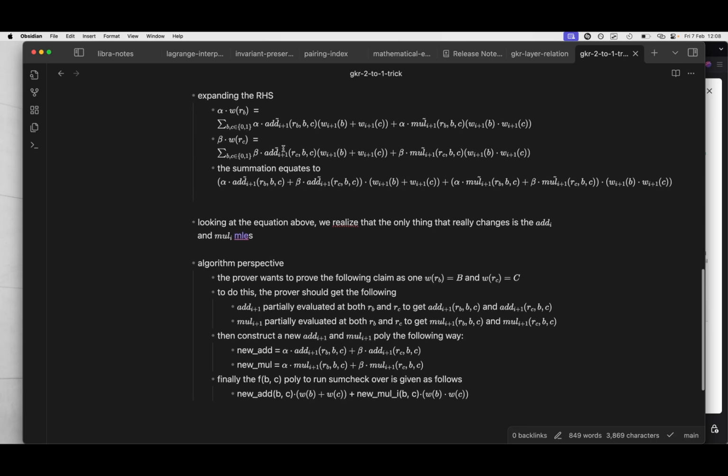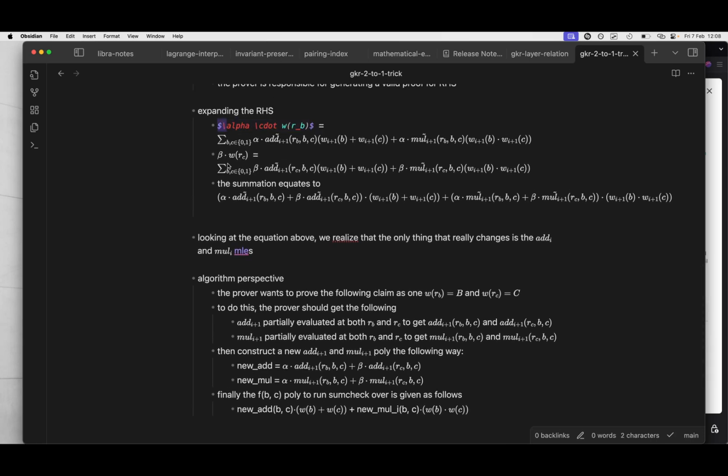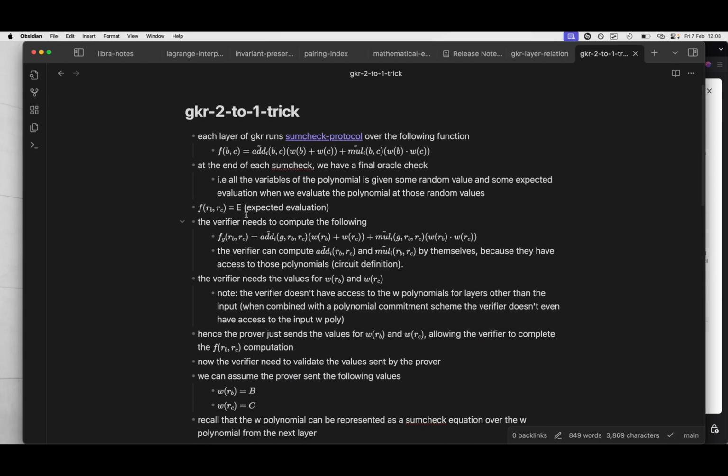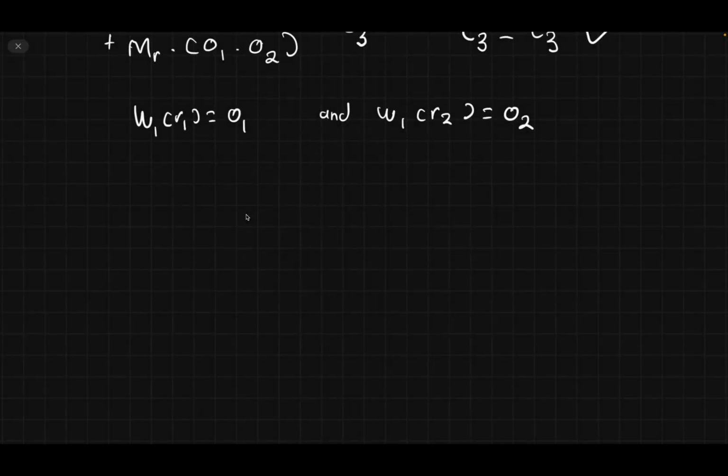So this is alpha, and then this is beta. No malicious intent whatsoever. So we'll just black box the 2 to 1 trick now, alright?